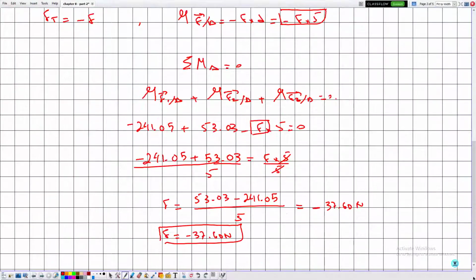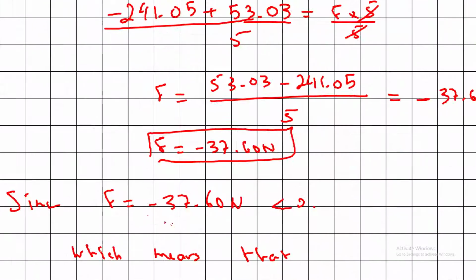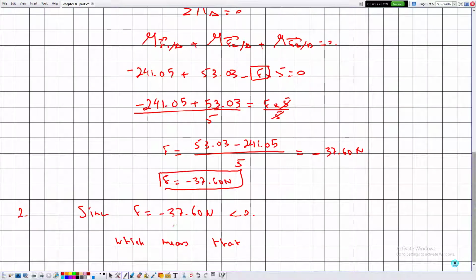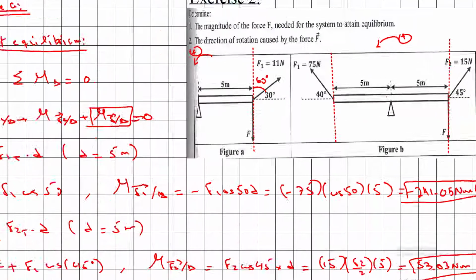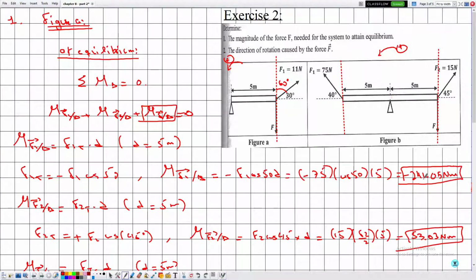So now what about number 2, the direction? Now since F, which is equal to minus 37.060 newtons, is negative, which means that recall that in the case of this F positive means that the positive direction of the force F is in this direction.